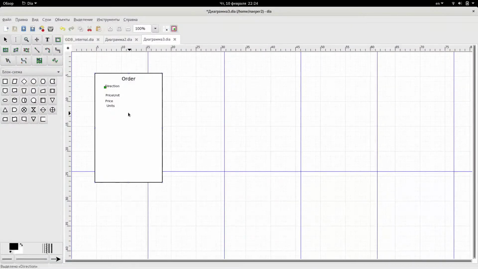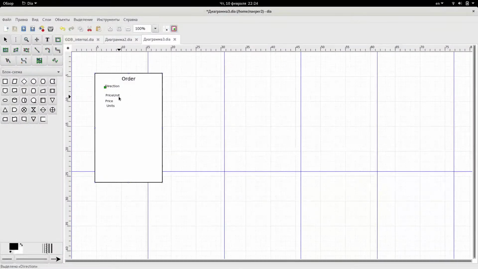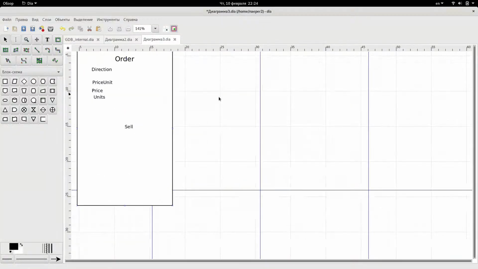Then the service UID is the identity of the service that you want. Price, unit price. It could be seconds, megabytes, price unit. So let's draw here direction sell, for example.